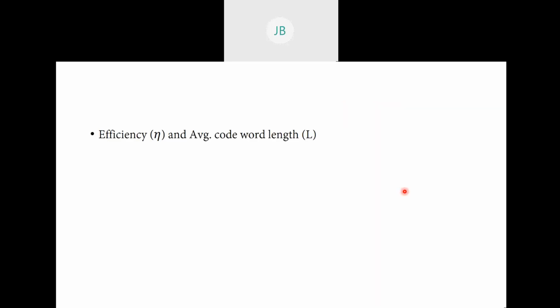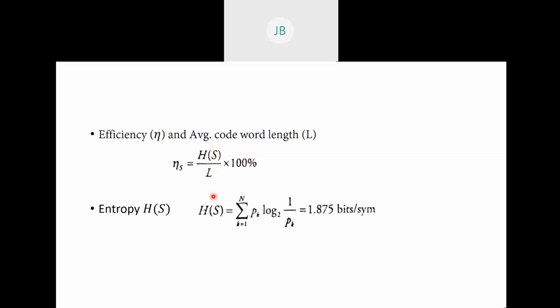And then we also need to find out the efficiency and average code word length. There is a well-known equation for both. The efficiency is computed as the entropy of the symbols emitted by the source divided by the average code word length, multiplied by 100. First we need to find the entropy. Entropy is very straightforward.